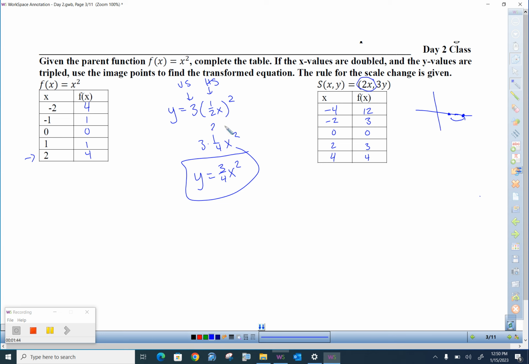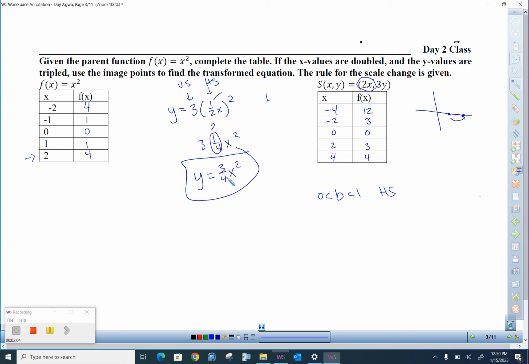But if you put 2 inside here, that doesn't follow the pattern of what the note card says. The note card says that when you have a b value between 0 and 1, that's what makes a horizontal stretch. And it's opposite of what you see, just like we talked about last class, because really this is saying 1/4 x squared times 3, 3/4.